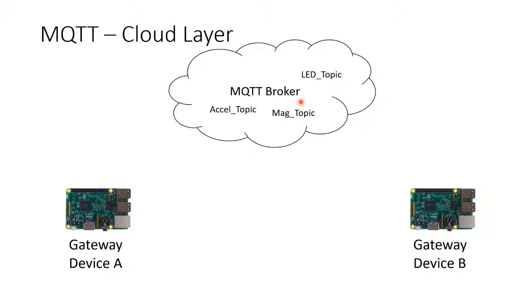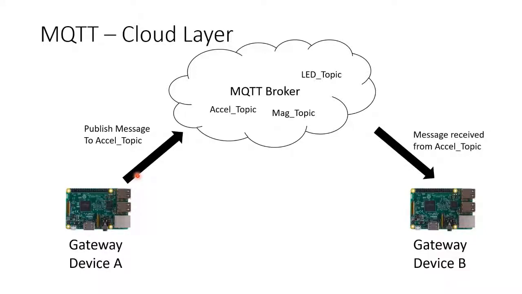So, how the publish subscribe method works within the MQTT protocol. Device B over here could subscribe to the accelerometer topic, indicating that it wants to receive information on the accelerometer topic. Device A then publishes information to the accelerometer topic, so this could be the values of the accelerometer that this gateway device is connected to, being our BBC micro:bit.